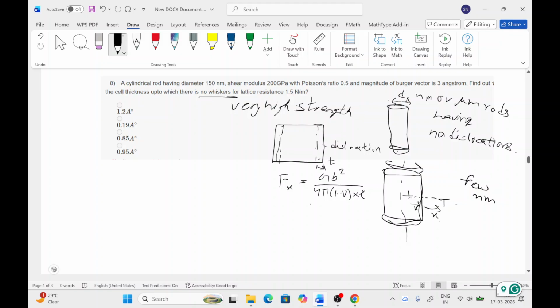So this Fx is generally equal to the lattice resistance of the material or of the crystal. So we have given all values, we just need to calculate this distance or thickness of the material up to which no whiskers will be there.